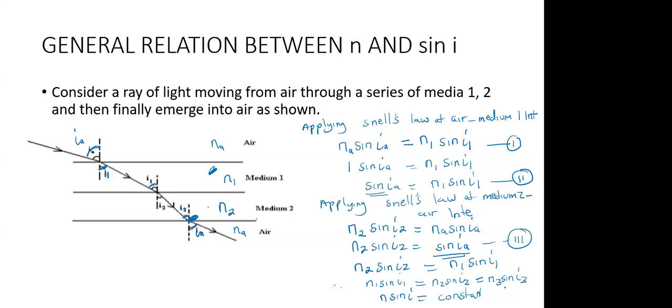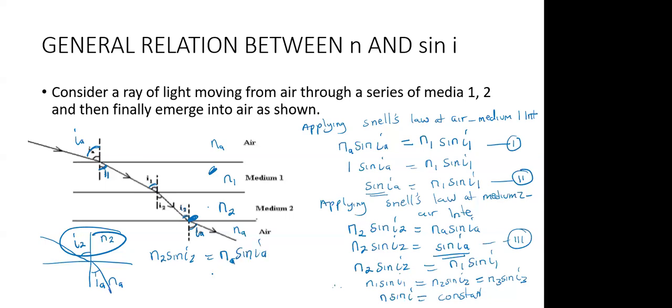Applying Snell's law on the second medium. Now, when you look at the second medium, our light is coming from N2 and is going into air. Here the angle is I2, and here in air, the angle is IA. So I will say N2 sine I2, whatever it is in this medium where light is coming from, should equal the refractive index of air, then sine of IA.